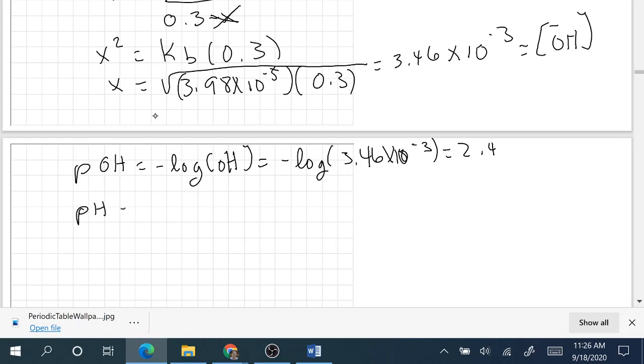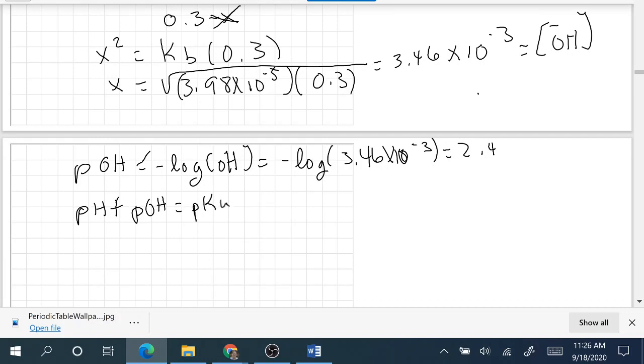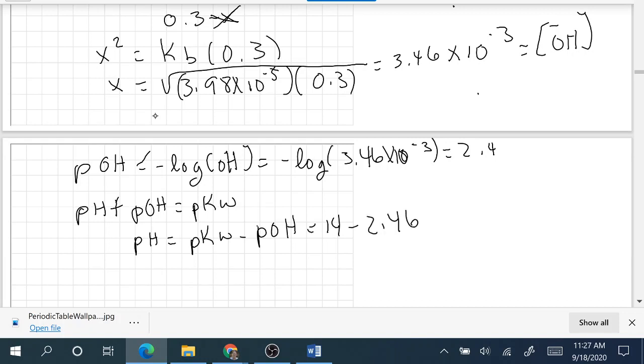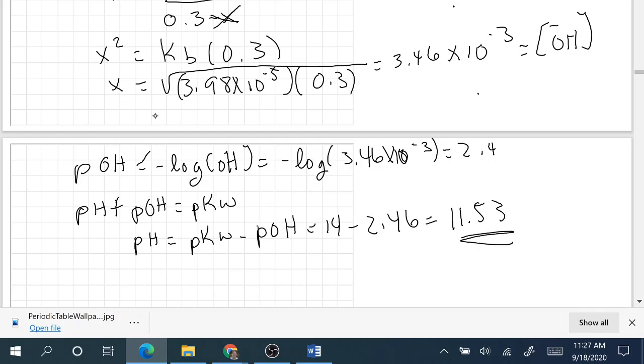And pH plus pOH is equal to pKw. So pH is equal to pKw minus pOH, which is equal to 14 minus 2.46, which is equal to 11.53.